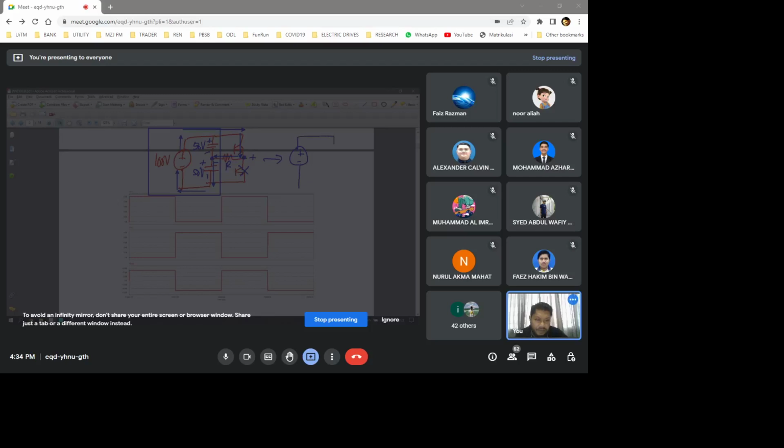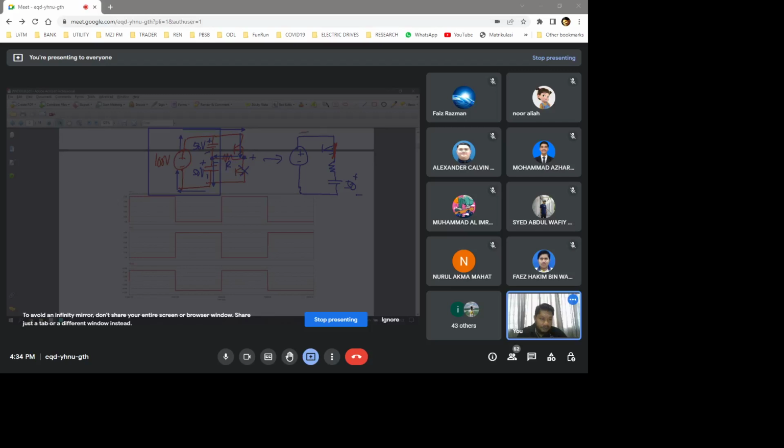So that will be your S1. And then you have this R. And then you have this 50 volt, plus minus. Whenever switch 1 is on, it appears as a short circuit. So this is only actually a short circuit here.